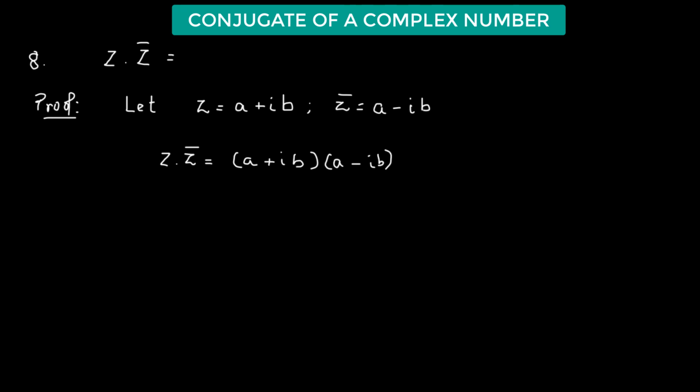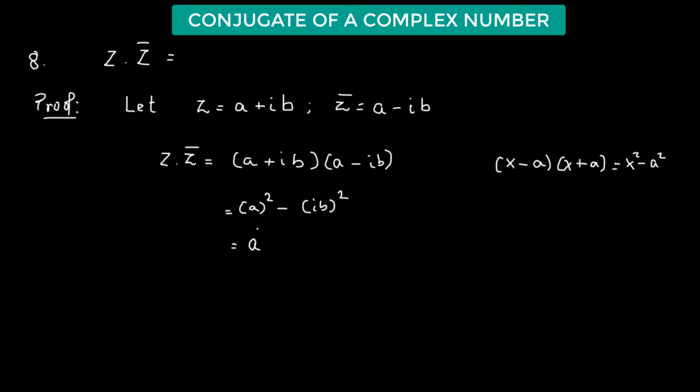You can go ahead and multiply using the FOIL method, but I'm going to apply the identity that x minus a times x plus a is equal to x squared minus a squared. So we have x equal to a here, so we'll get a squared minus i times b whole squared.